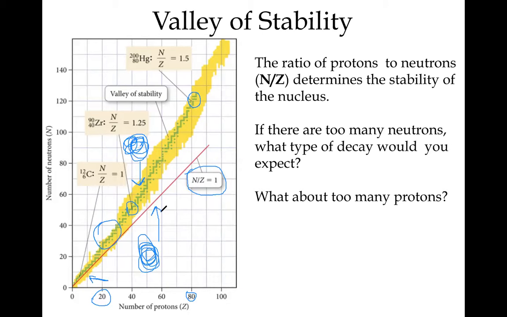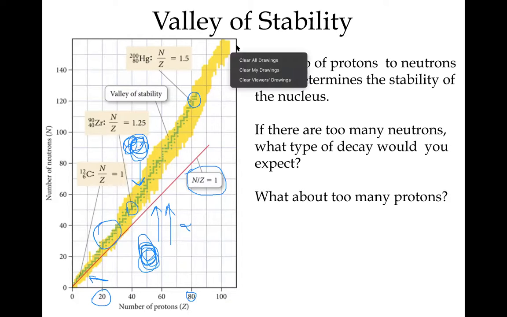Now, in some cases, alpha decay also can raise that ratio from down here to up here. So alpha, when that N/Z ratio is less than 1, but not to the same extent as positron emission or electron capture.